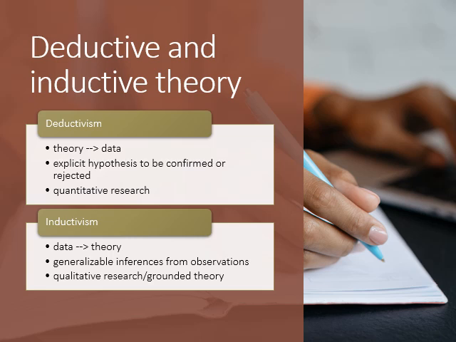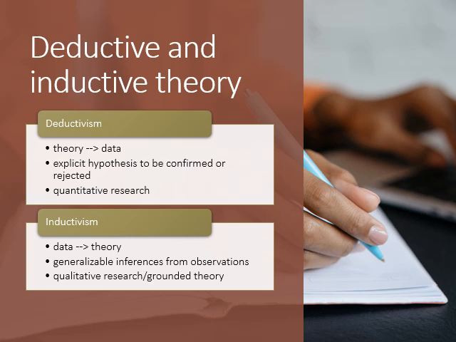In contrast, inductivism works from the ground up, starting with data collection and observation. And then from this data, researchers develop broader theories or general principles. This inductive reasoning involves making generalizations based on specific observations and is typically associated with qualitative research methods such as interviews, ethnographies, or case studies, where the goal is to understand deeper meanings and patterns.